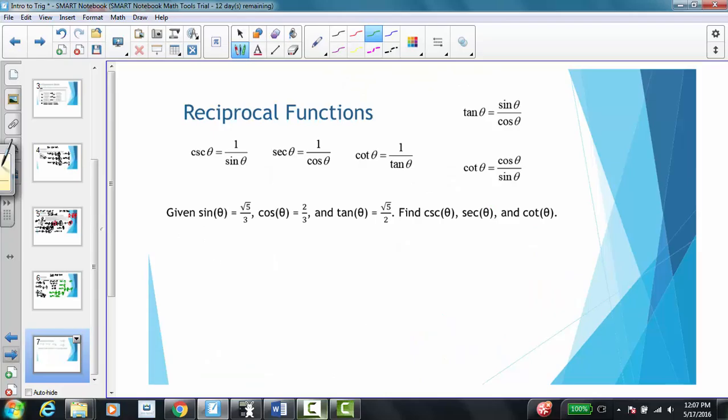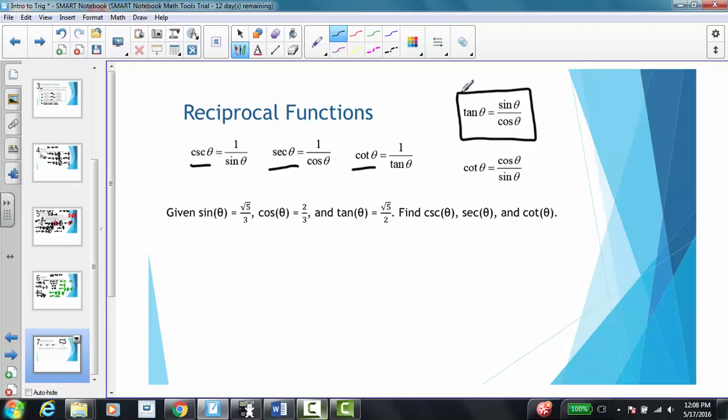Alright, as we've been saying all along, cosecant theta is the reciprocal of sine theta. Secant theta is the reciprocal of cosine theta. And cotan theta is the reciprocal of tan theta. If you look over here, this is probably something that you haven't seen before: tan theta equals sine theta divided by cosine theta.